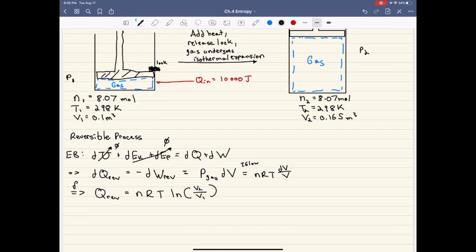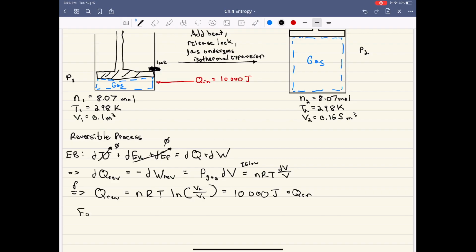And if we plug in the volumes, V2, V1, and the nRT values that we have, what we get back out is 10,000 joules. And so essentially the negative of the work that we get out of the system is equal to the heat that we put into the system. So that's equal to Q in.